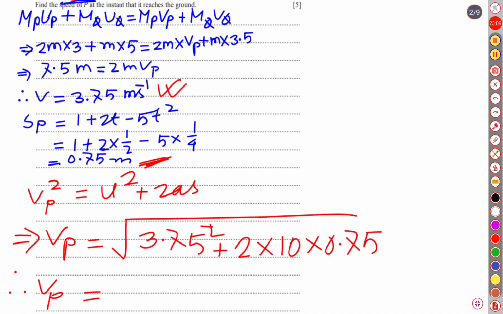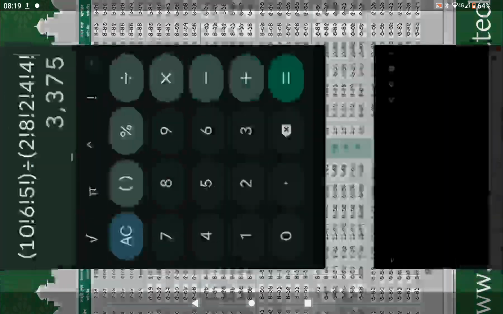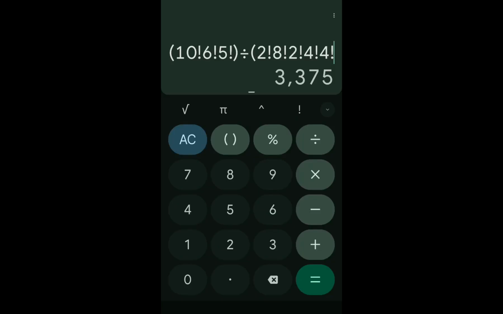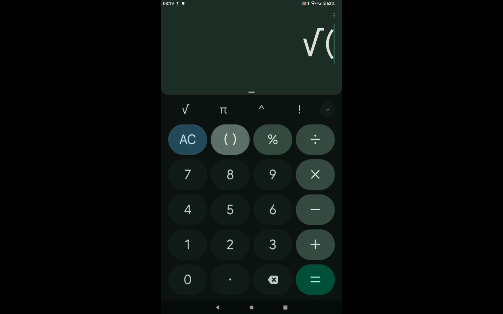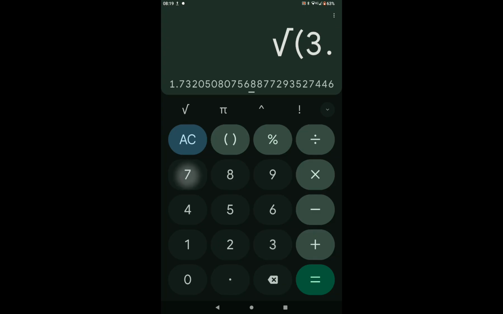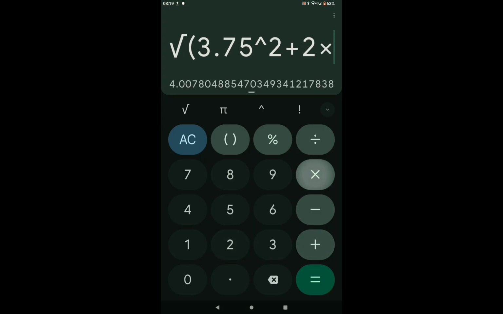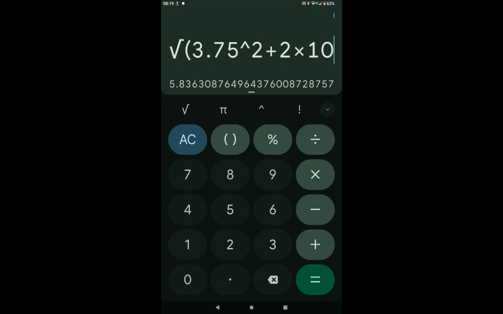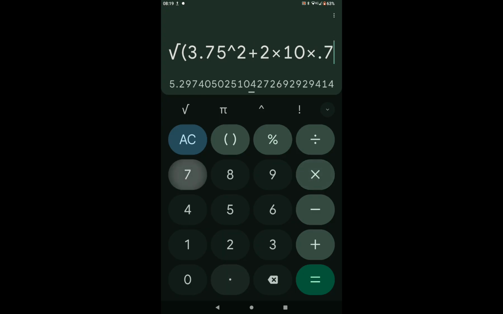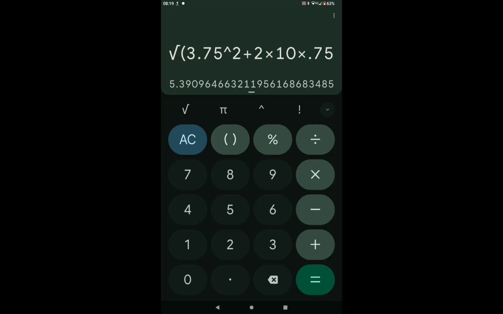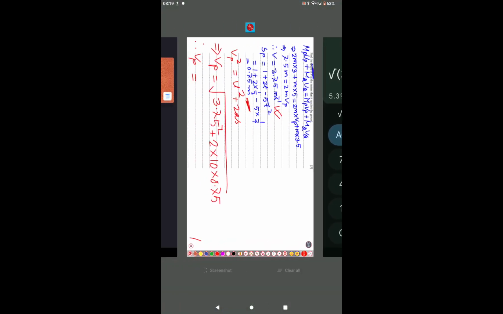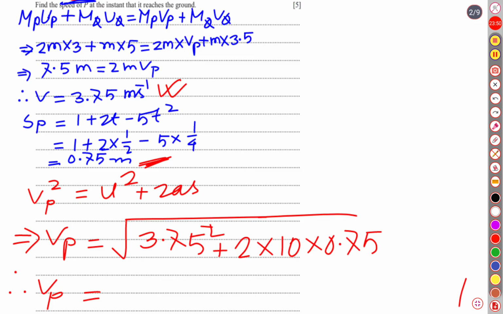Let us calculate this. To significant figures, it is 5.39.